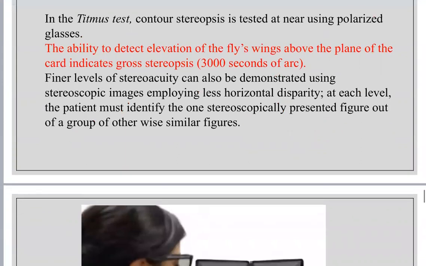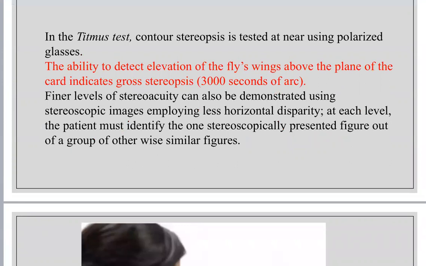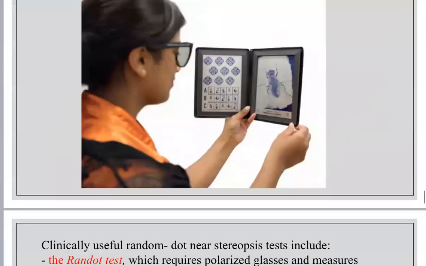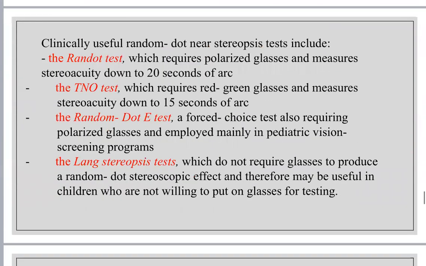The Titmus test, like the Titmus fly and other variants of the Titmus test, is an example of this screening, and here it is very gross. If you have a large number of seconds of arc, this means that you have lower stereopsis. If you have smaller numbers, this means that you have more stereopsis.